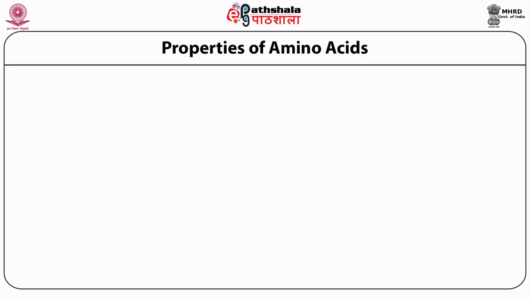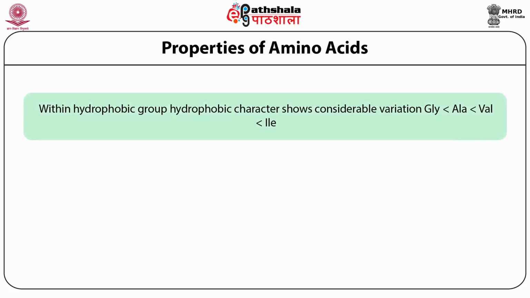Properties of amino acids. Within the hydrophobic group, hydrophobic character shows considerable variation. For example, glycine is less hydrophobic compared to alanine, and alanine less hydrophobic compared to valine, and valine compared to isoleucine.